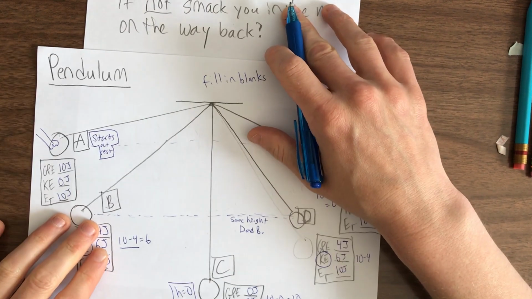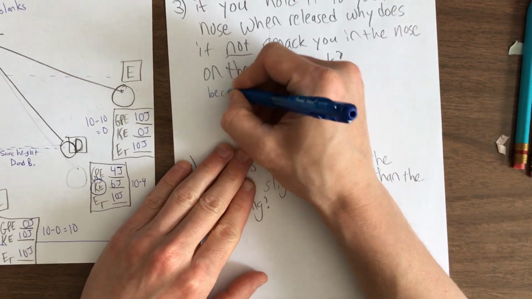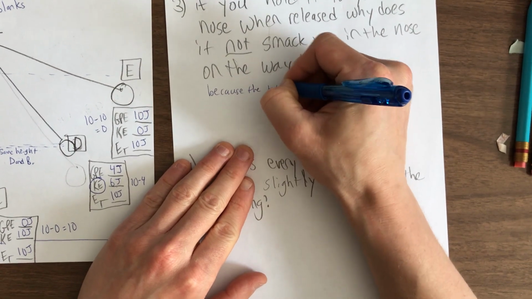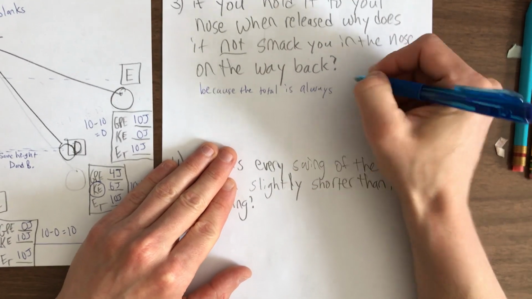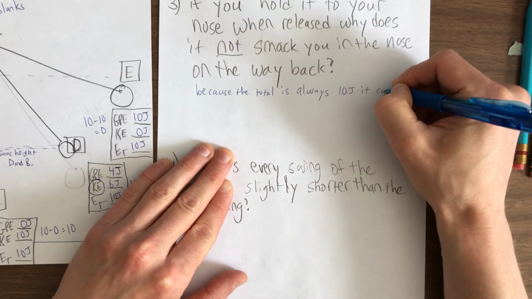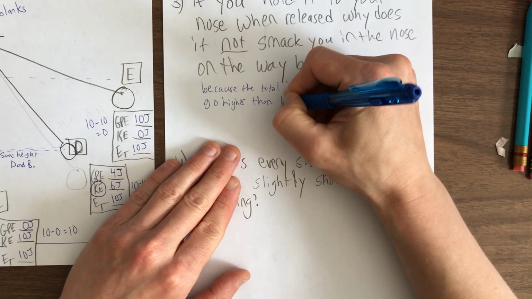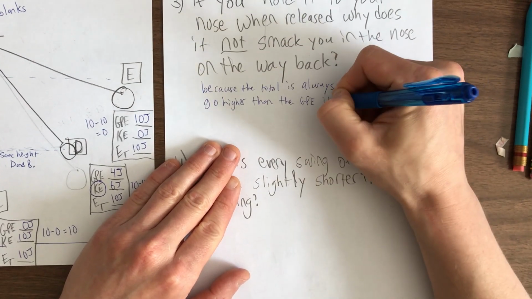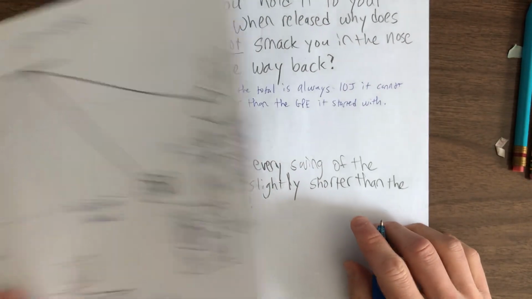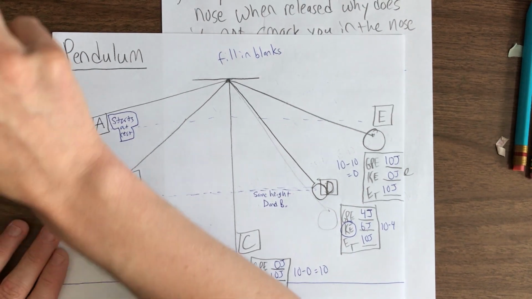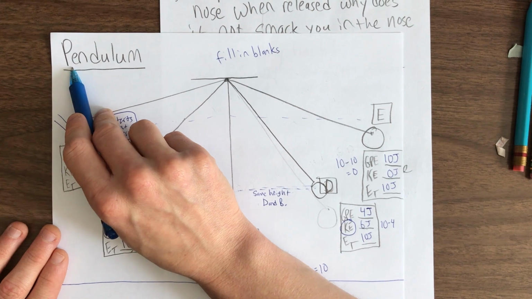And it has to do with the fact that the total stays the same. In this example, because the total is always 10 joules, it cannot go higher than the GPE it started with. So if you release it from here, it can't swing back up higher, because that would mean it had 11 joules.